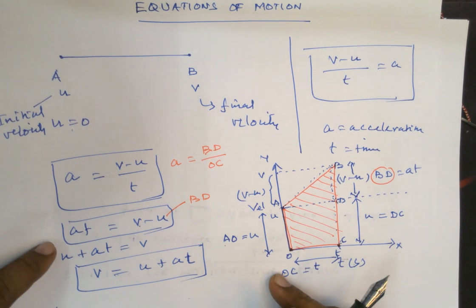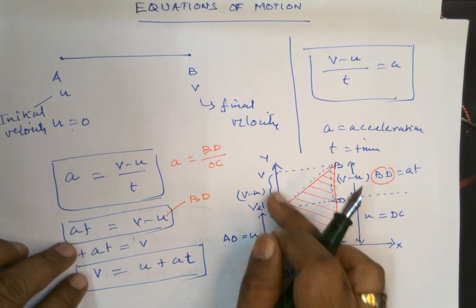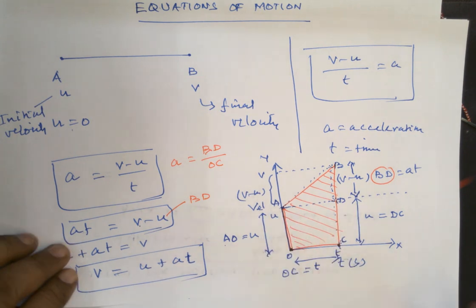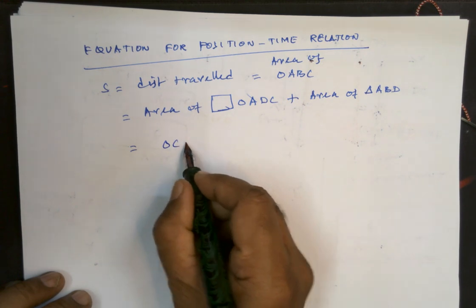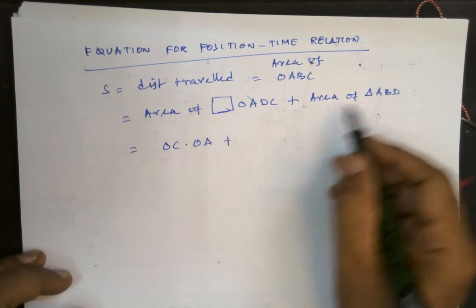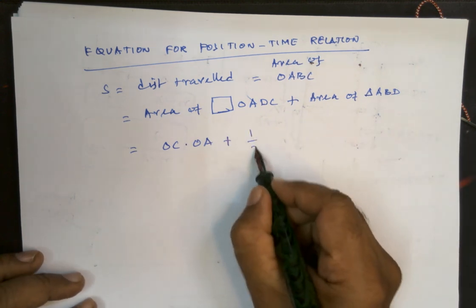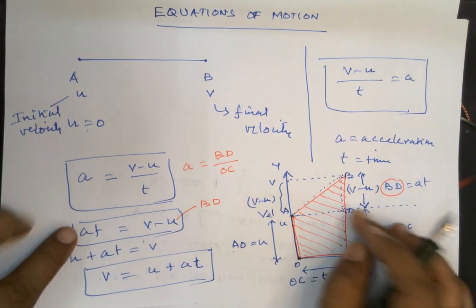So OC into OA, length into breadth, plus, and what about the area of the triangle? Half into base. Which is the base here? AD is the base into BD is the height.